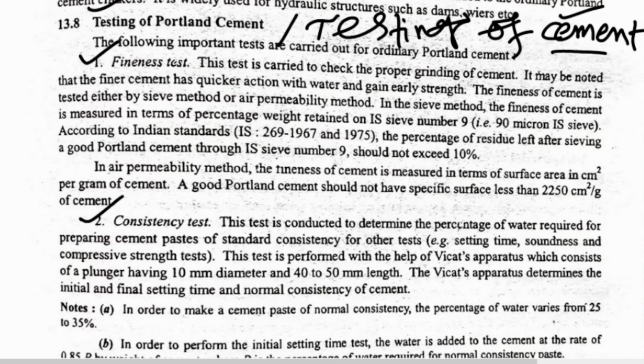Why is the fineness test done? To check the proper grinding of cement. It may be noted that the finer cement has quicker action with water and gains early strength.